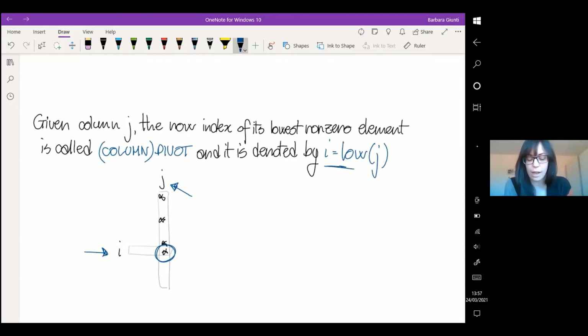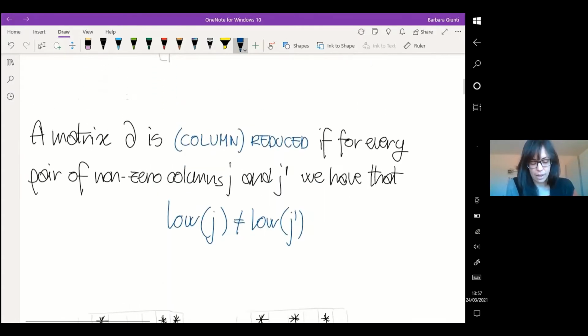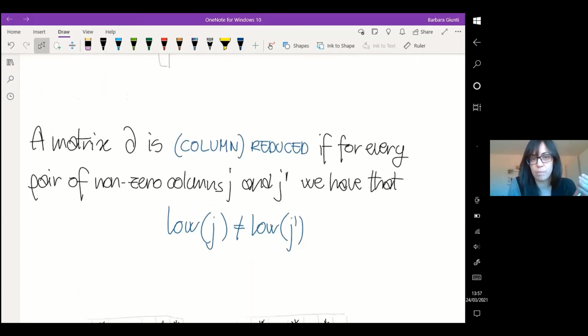We denote it by i equals low(j). Given a matrix, and this is true for any matrix, even a boundary matrix, we consider it reduced if any two non-zero columns j and j' have different pivots, which means their lowest elements are in different rows.